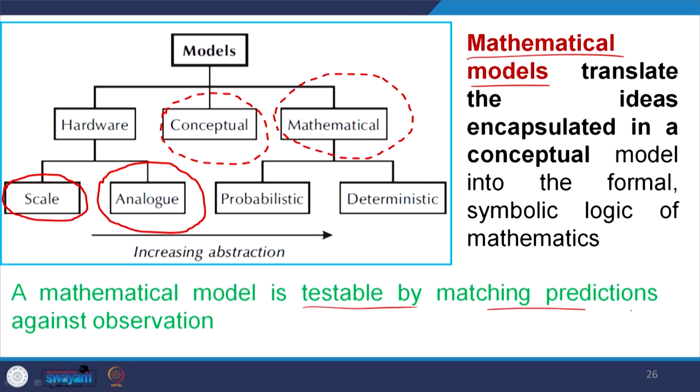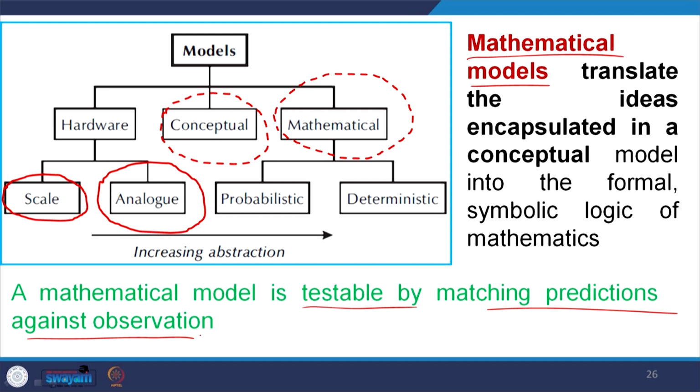A mathematical model is testable by matching predictions against observation. This is very important. Only creating a mathematical formula and relating the concept to a model is not enough. The mathematical model will be proved accurate and workable if it can relate to present-day observation, what is going on in a geomorphic system in front of you.